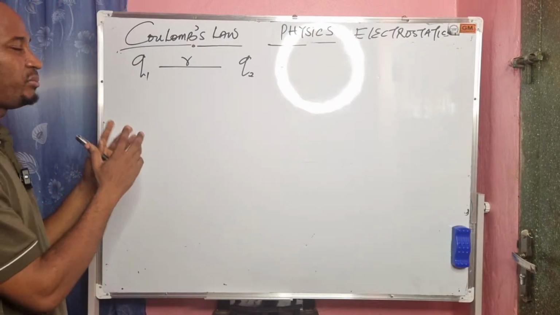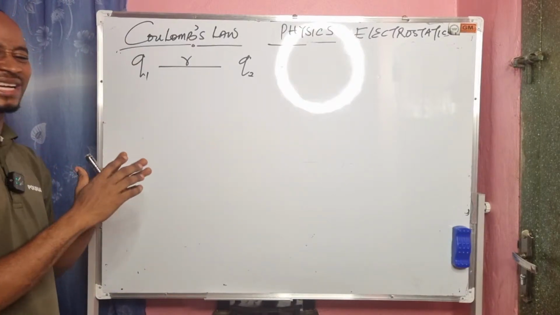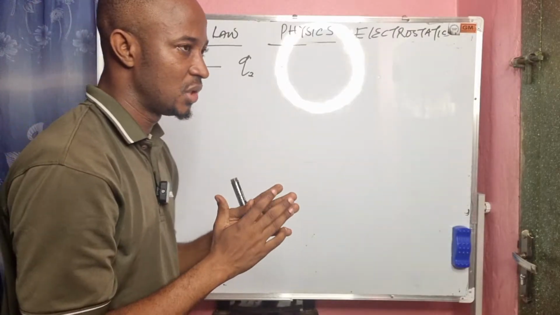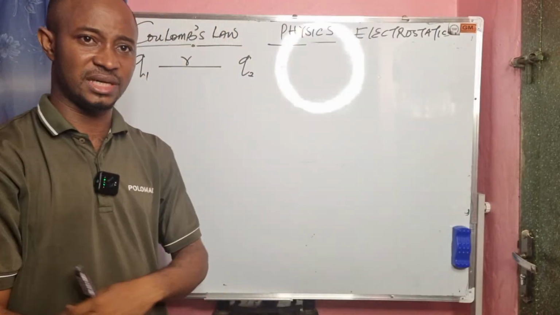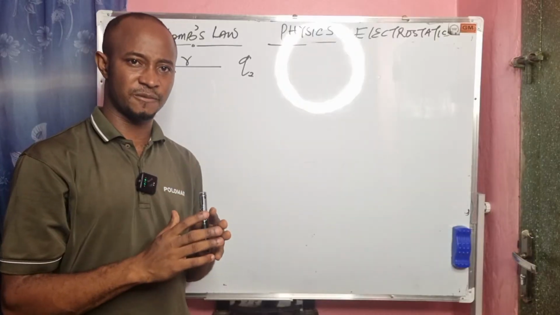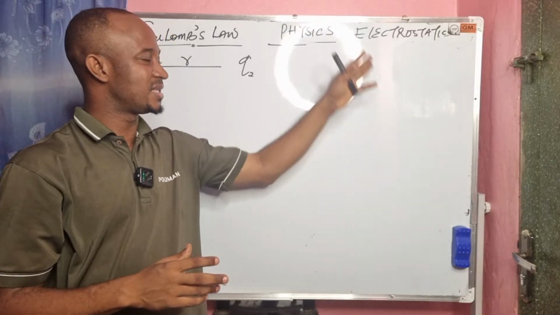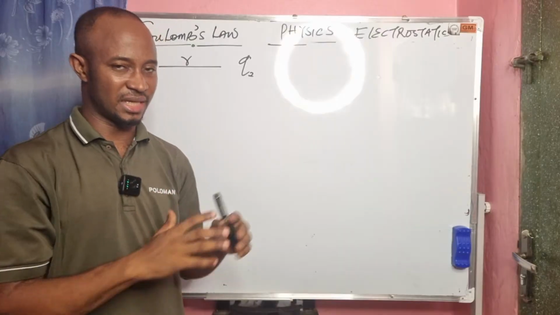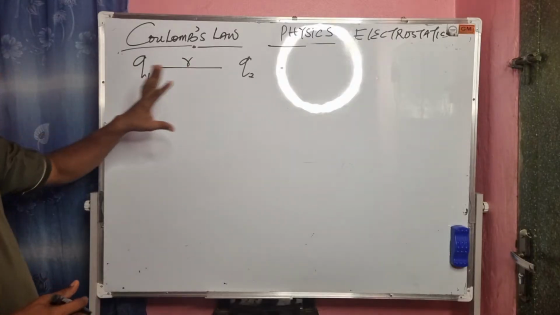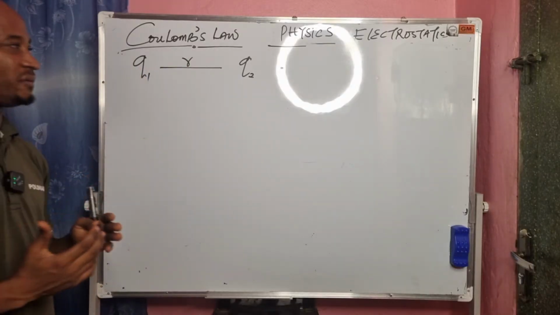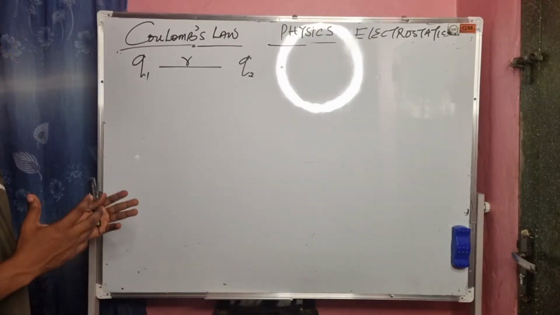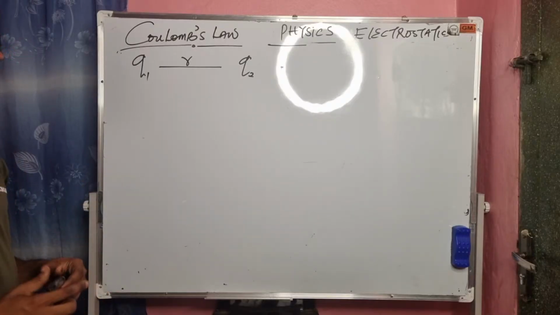So if I have 2-point charges, meaning 2 charges at rest, when you hear the word point charges, don't forget that we are talking about electrostatics, which is the study of charges at rest and the forces that act on those charges. So if I have 2 charges separated by distance, we can study the force of attraction or repulsion, the strength or size of this force between these 2-point charges, right?